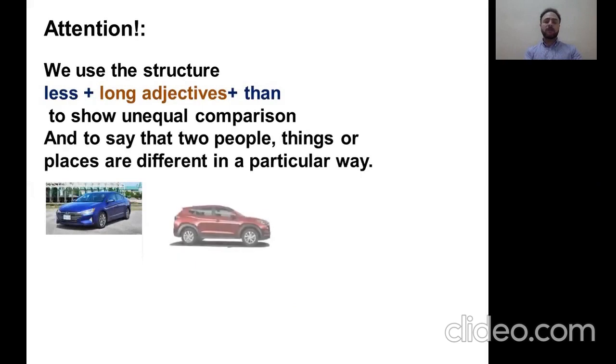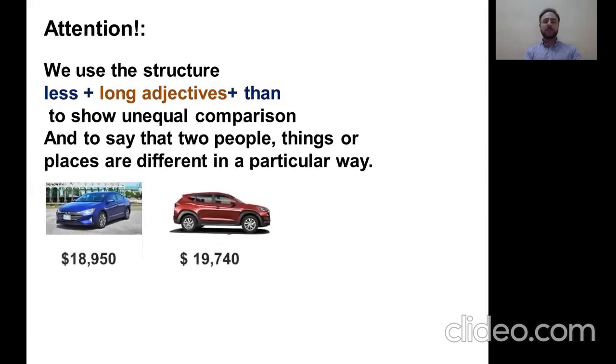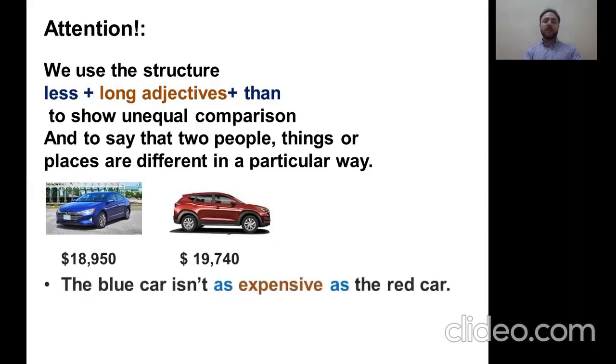Blue car, red car. And here the price. So the blue car is $18,950 US, but the red car is $19,740 US. So the blue car isn't as expensive as the red car.